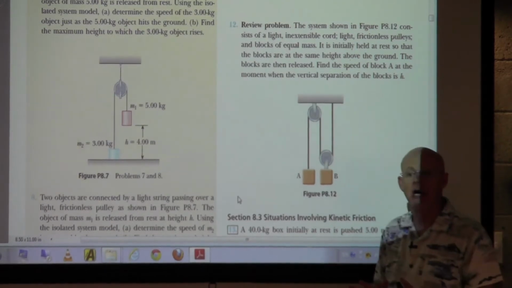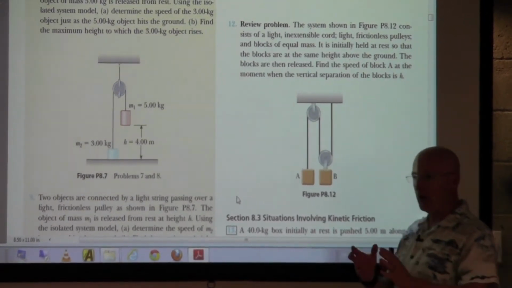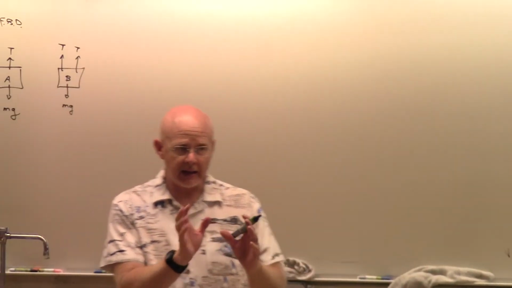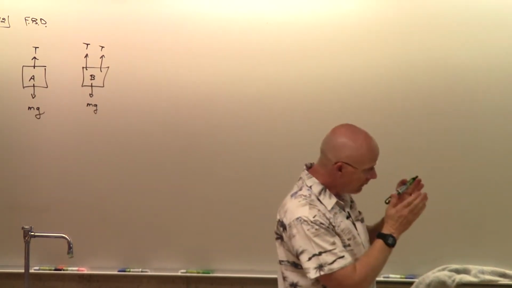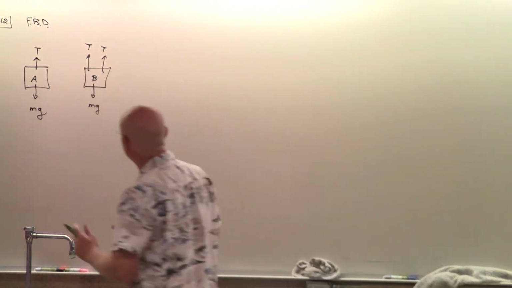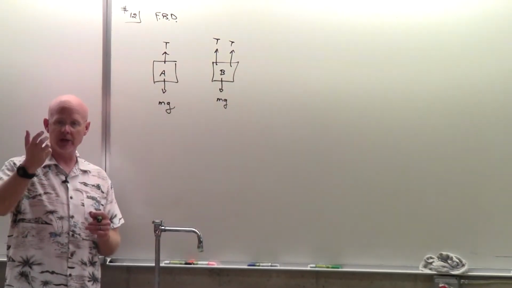Again, I'm not saying B does go down, but let's say it did. What would happen? A would go up. So those each make sense. That's the only way the string can stay taut and have the same length, is if one goes up and one goes down. I get that.